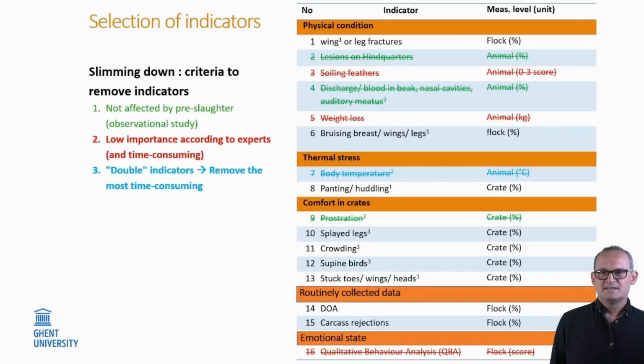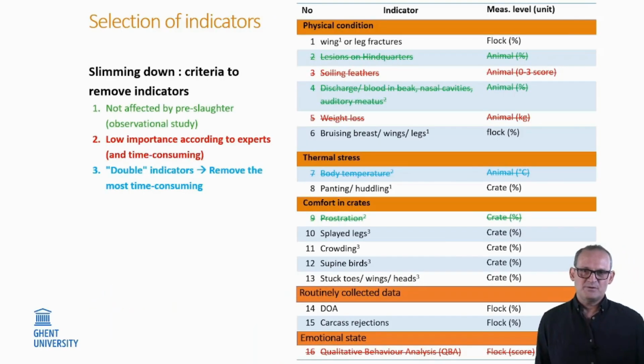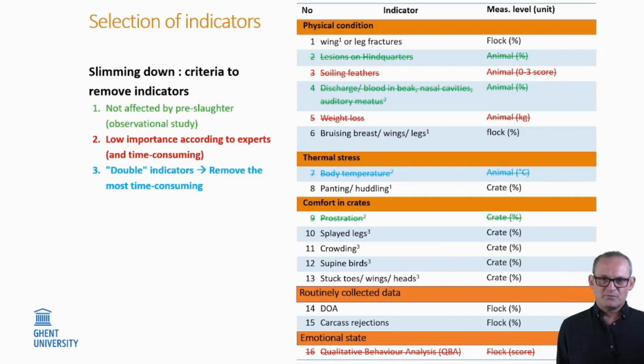So we could delete another 4 welfare indicators. We could delete soiling of feathers, weight loss, and qualitative behavior analysis because these were given low weights by the experts, and we deleted body temperature because it measures more or less the same thing as panting and huddling.